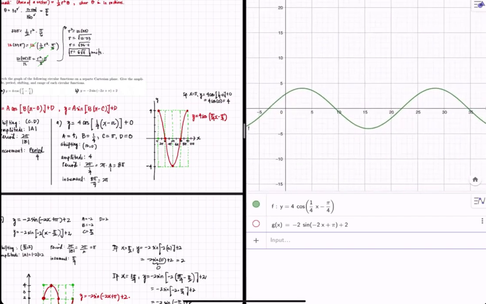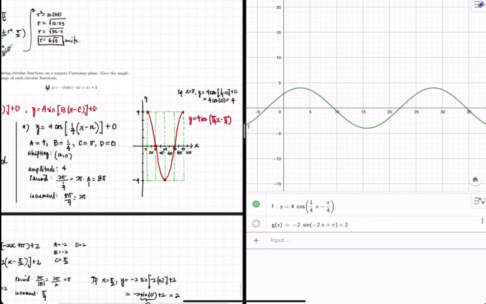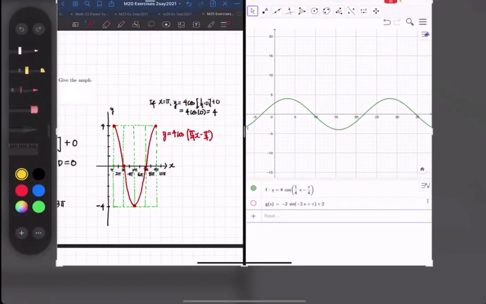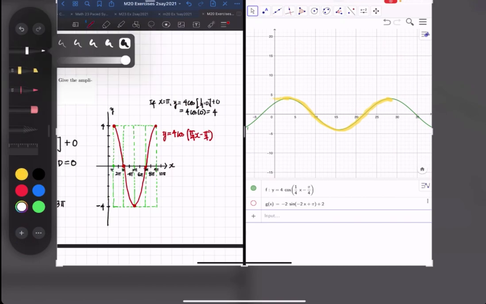O, highlight natin ulit. So, this is for number 1. Akala ko naka-trigonometric yung ano niya. Ayan siya. Ayan yung ginraph natin. Okay. So, ito tatama sa 4. Ito 4 yan. Tapos, ito is pi, which is 3 point something na.